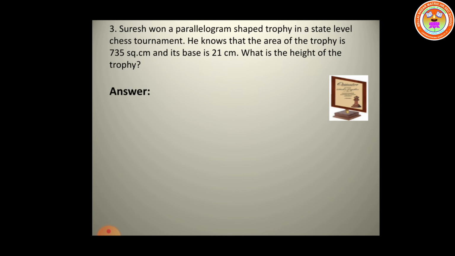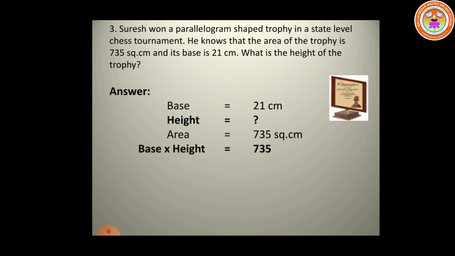Let us see the answer. Base 21 centimeter, height he didn't know, so we want to find, and for that they given area equal to 735 square centimeter. What is the formula for area of a parallelogram? Base into height. Base into height equal to 735.